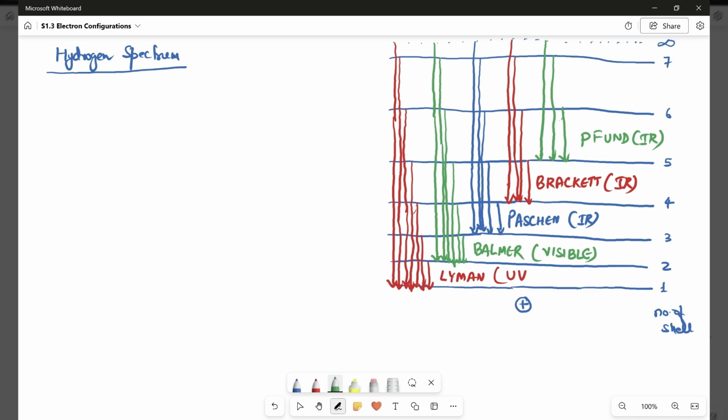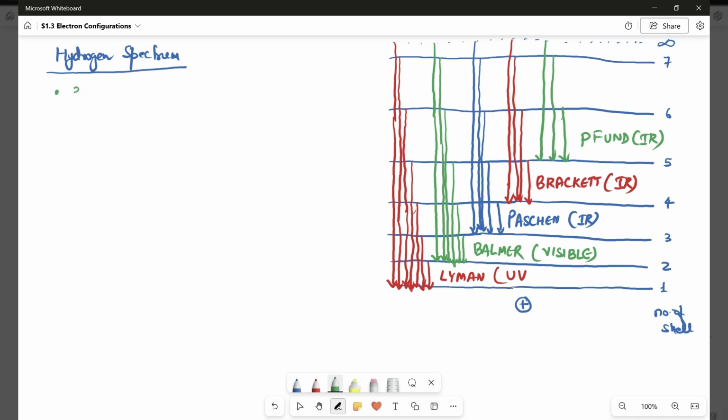So what we are seeing here is that each line in this series is a specific energy level. This suggests that an electron can only possess a limited choice of allowed energies, like you can see UV, visible, IR. So these packets of energy are called quanta. I'm writing some points also.